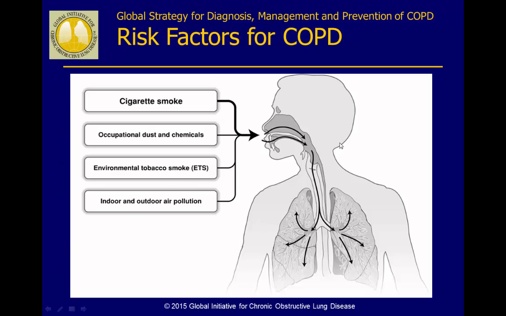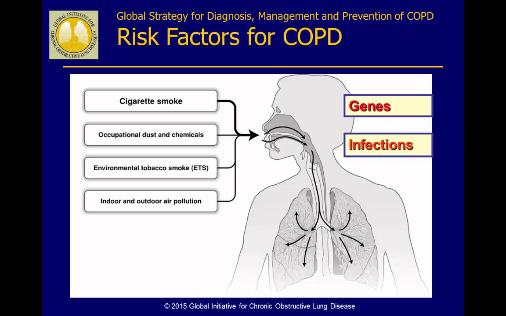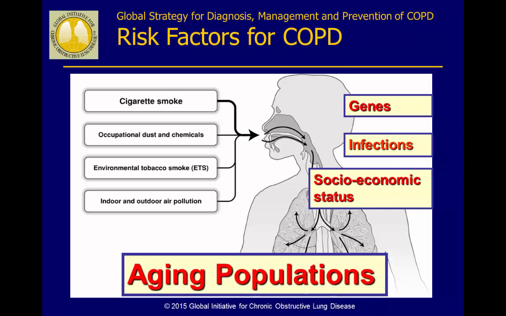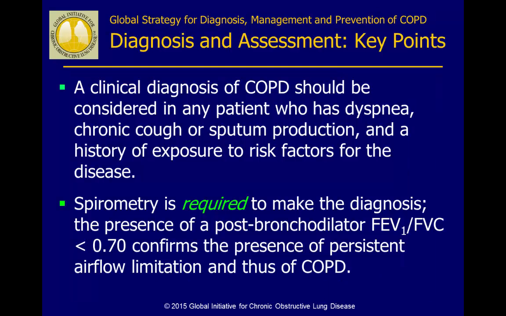So again, a cigarette smoker is the leading risk factor for COPD, occupational dust as well as chemical toxic inhalers, environmental tobacco smoke such as passive, and indoor and outdoor air pollution. So genetic, infections, and socioeconomic status of the patient is highly increased in aging populations.